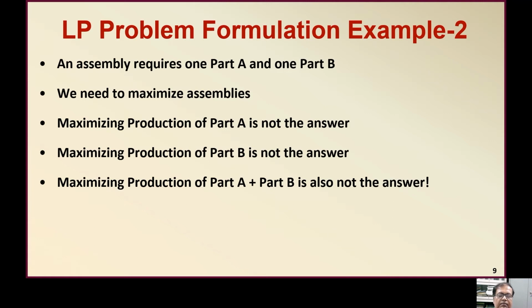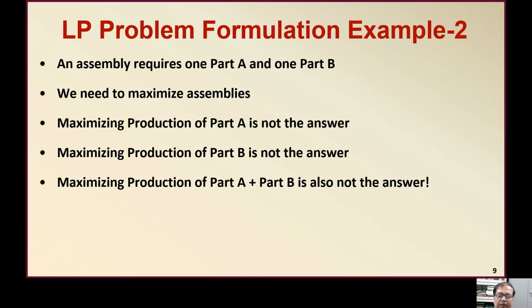So if you simply maximize production of part A, that is not the answer. What happens if part A's are produced in 30 and part B's are produced in 20? So neither maximizing part A nor maximizing part B is the answer. We cannot really have an objective function maximize part A and maximize part B.